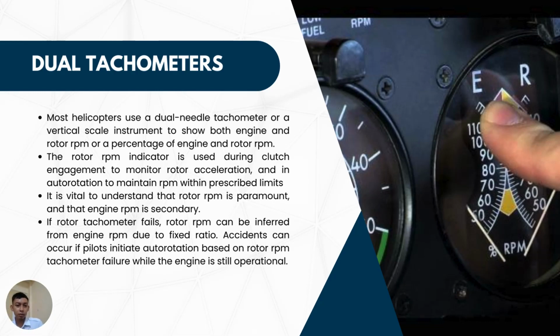It is vital to understand that rotor RPM is paramount, and that engine RPM monitoring is secondary. If the rotor tachometer fails, rotor RPM can be inferred from engine RPM due to the fixed ratio. Accidents can occur if pilots initiate auto rotation based on rotor RPM tachometer failure while the engine is still operational.